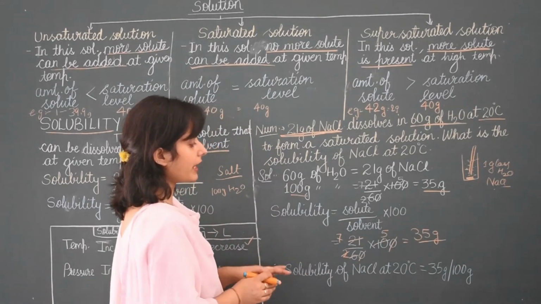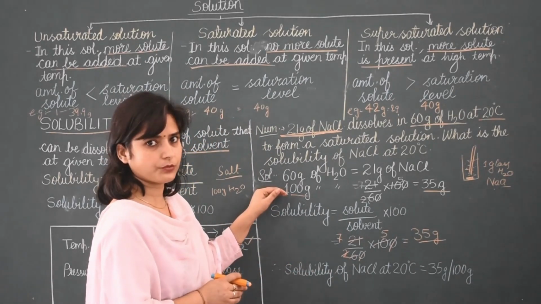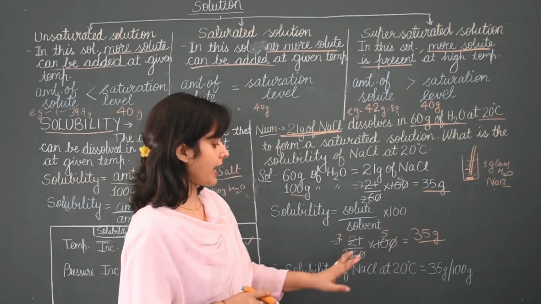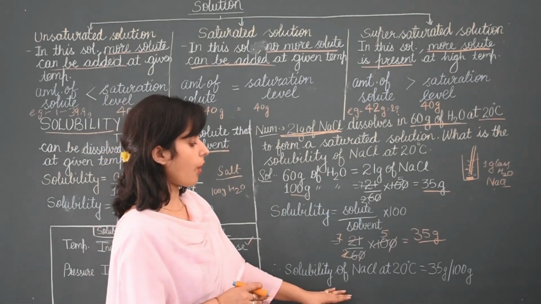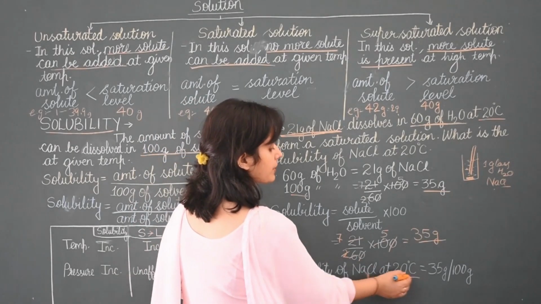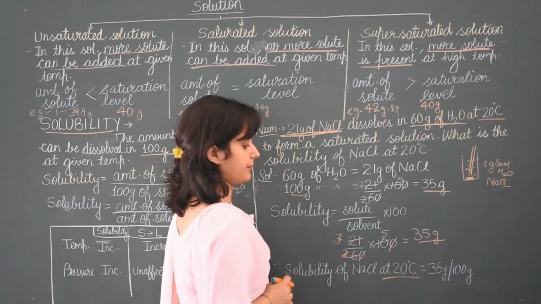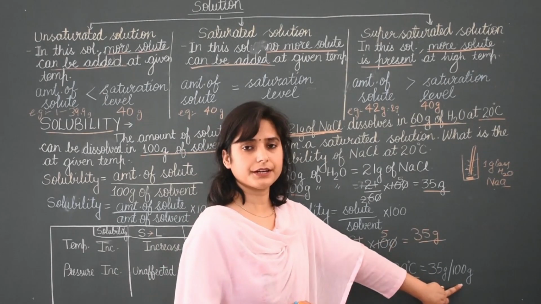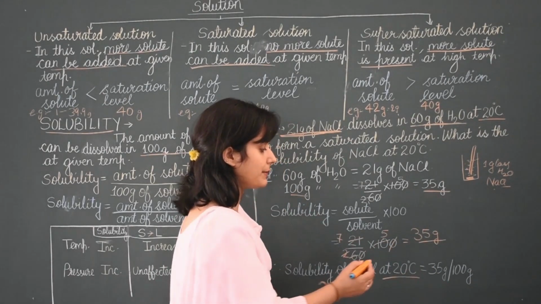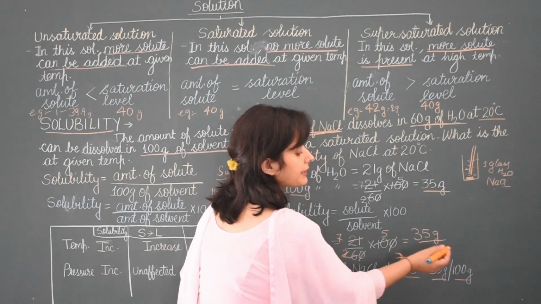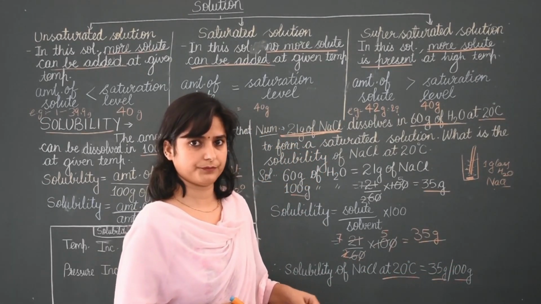That means whether you are doing it with the formula or without the formula, the answer is the same. And in the last we have to write the solubility of NaCl at 20 degrees Celsius. Now this temperature is used here. 35 gram per 100 gram. It is a unit. That means 35 gram of salt is present in 100 gram of water.